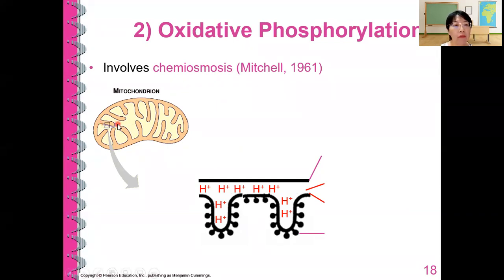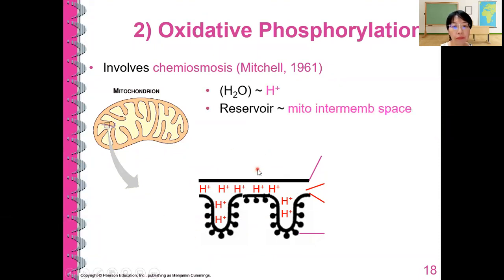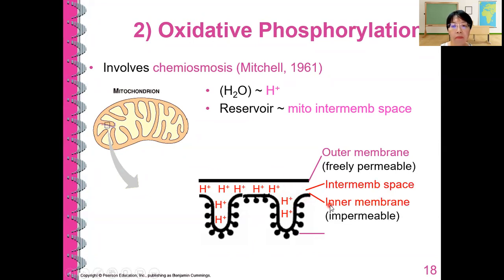Okay, so I have enlarged this section of the mitochondrion to show you that this is the outer membrane, this black color line, and this is the intermembrane space between outer and inner membrane. This is inner membrane. So outer membrane is freely permeable to H+ ion.